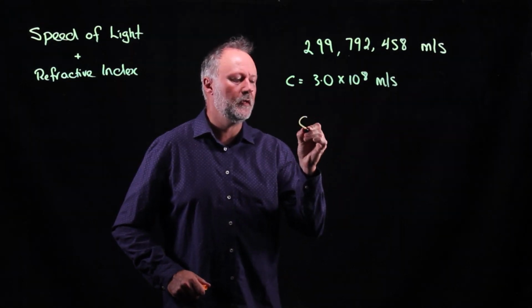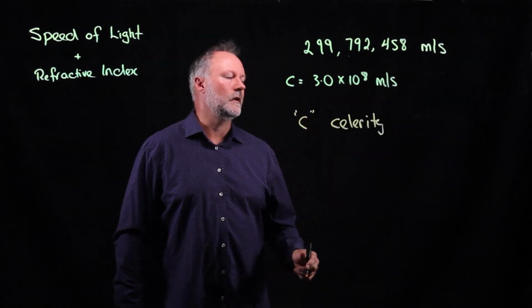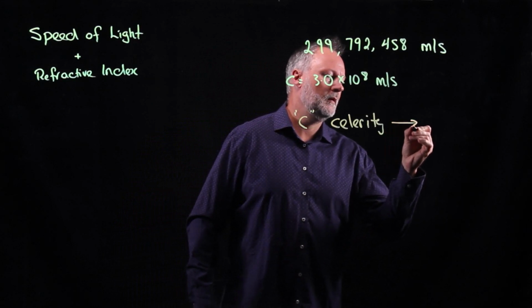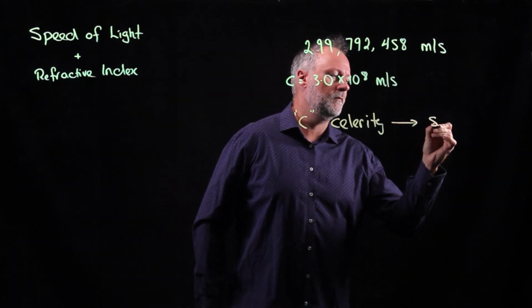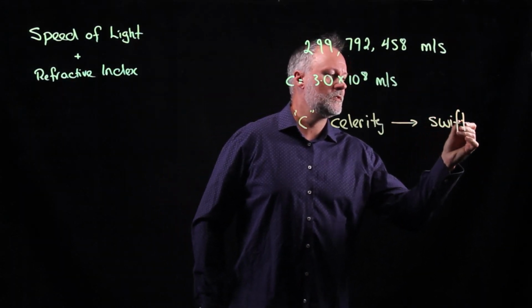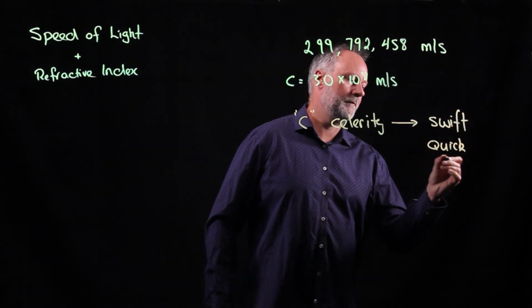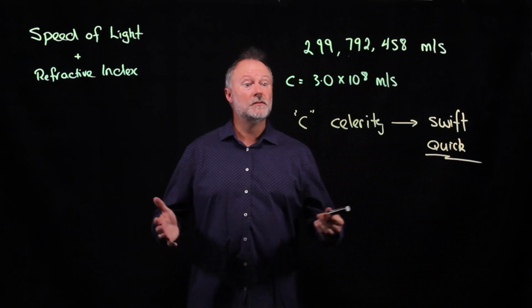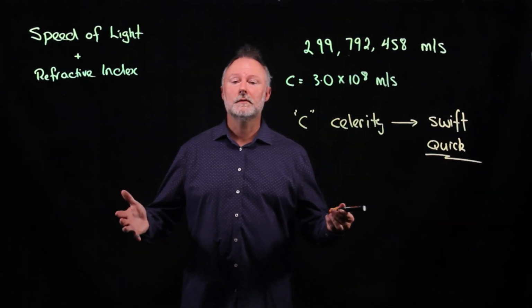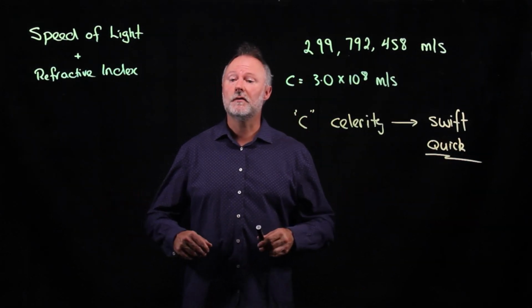The symbol c stands for celerity, and it's Latin for the term swift or quick. To give you some idea of how quick the speed of light is, consider the following.